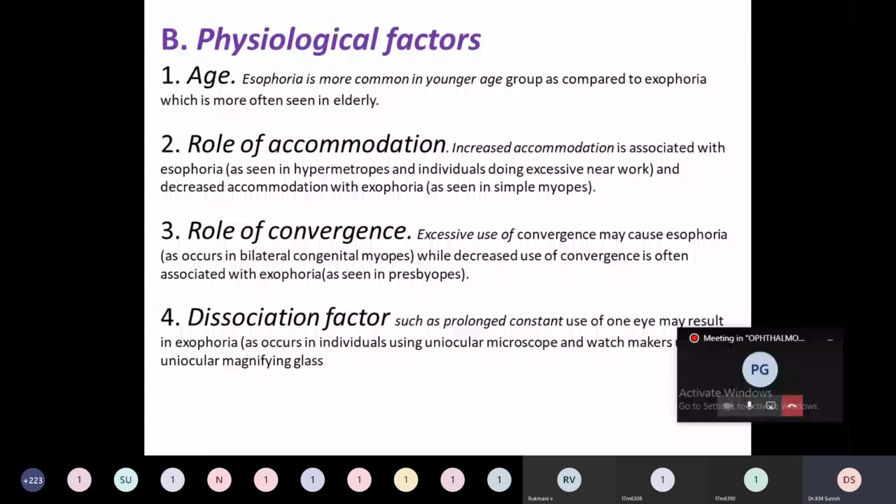Excessive use of convergence may cause esophoria as occurs in bilateral congenital myopes, while decreased use of convergence is often associated with exophoria. Dissociation factors such as prolonged constant use of one eye may result in exophoria as occurs in individuals using uniocular microscope and watchmakers. We use only uniocular magnifying glass and they don't work with the other eye.